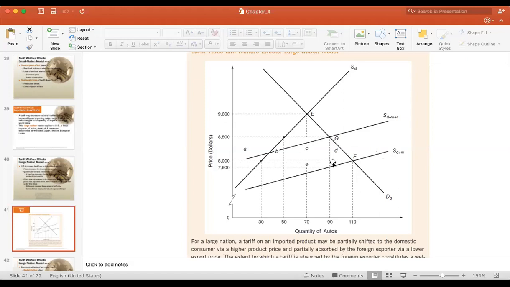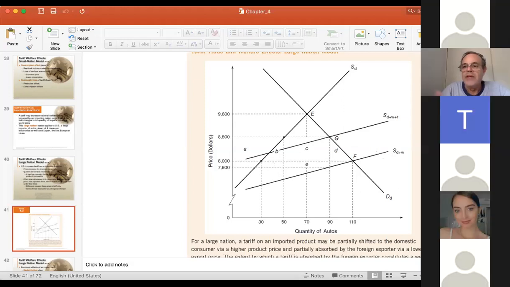Between this point and this point, 1,000. And so on. So the world supply curve will have to shift up by exactly $1,000. Now we will have two supply curves, the original supply curve and the new supply curve with the tariff. The vertical distance between these two supply curves is going to be exactly equal to $1,000. And this is exactly what we have right there.